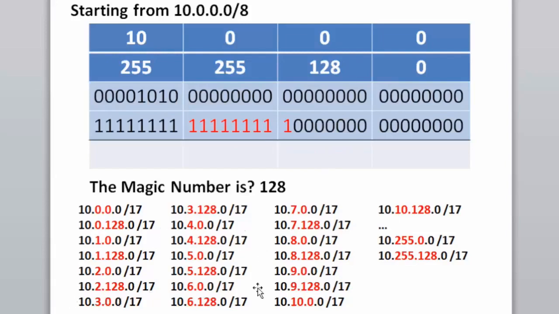If I was to list out every possible subnet, we'd go all the way up to 10.255.0.0, and the next subnet would be 10.255.128.0. /17 is our last subnet, for a total of 512 subnets. In a situation like this, there's many more subnets and many more hosts per subnet, but the rule of the magic number still applies.